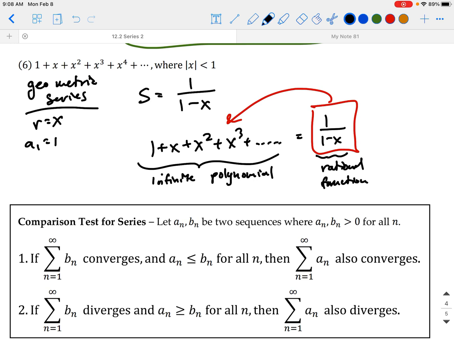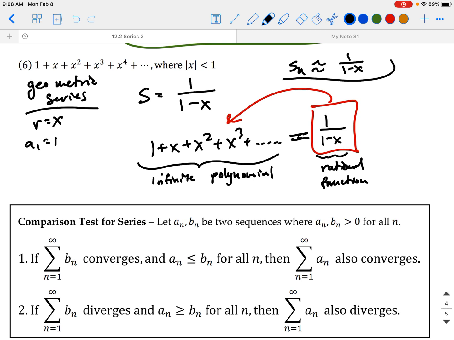Now, the infinite polynomial is equal, but suppose I cut this off at certain chunks. So if I only have 4 terms or 5 terms or 6 terms, that's obviously not my full infinite polynomial, so it's only going to be an approximation. So note that your sequence of partial sums, your S sub n, is going to be approximately 1 over 1 minus x. Whereas the actual sum itself is going to be your infinite polynomial.